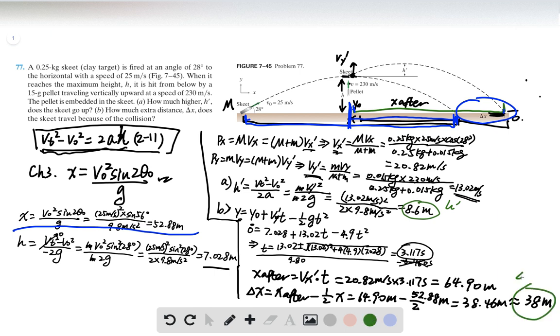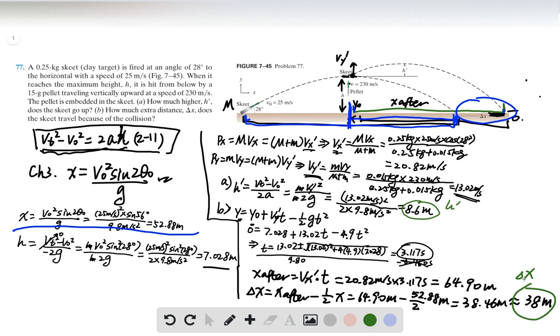This is delta x. Yeah, so if we finally try to think through this very long question, what we did was that we first found the original parameters, the original horizontal distance and height that would be achieved, and then we add in the collision and find the new speed after the collision in the x and y direction.